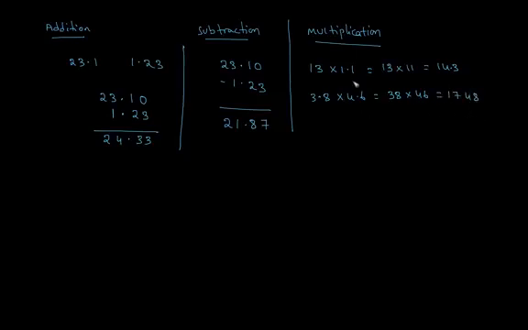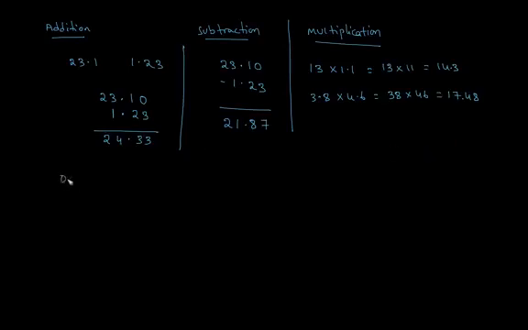Right. Now see here. In the prior example, you had only one decimal place. Here you have two decimal places. So you need to put the decimal point after two digits. So the answer will be 17.48. Understood? Clear? Right.